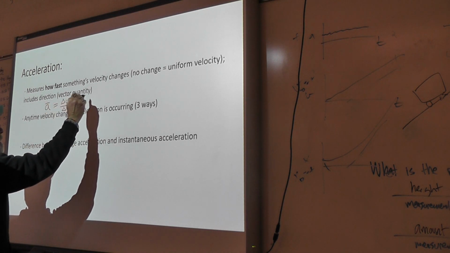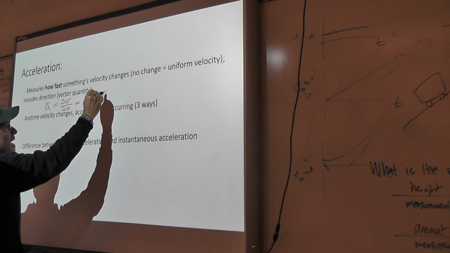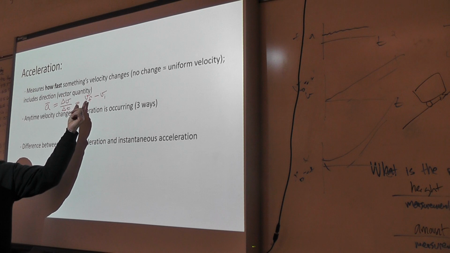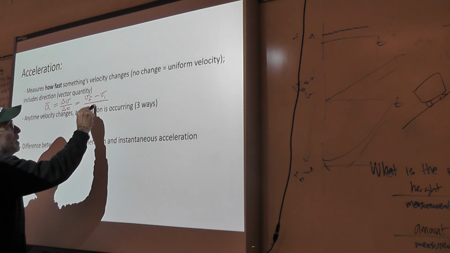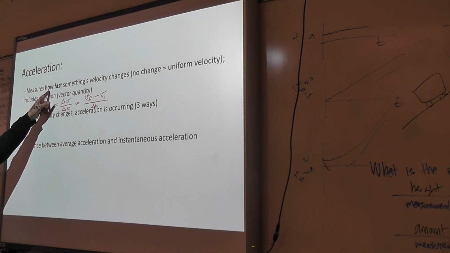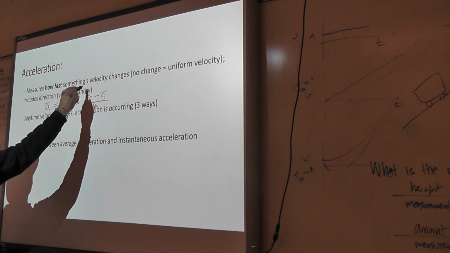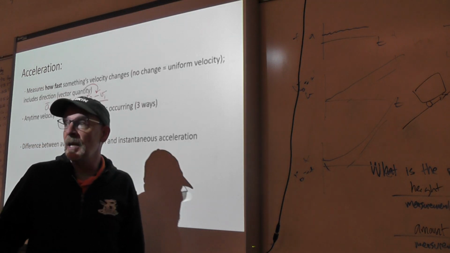So if you know how fast something is going and how fast it's going at some later time, if you subtract the initial from the final velocity and divide by the amount of time, you'll get a number that tells you the rate of change of velocity. Since velocity has a direction, just like displacement, acceleration has a direction as well. And here's where things start getting weird.